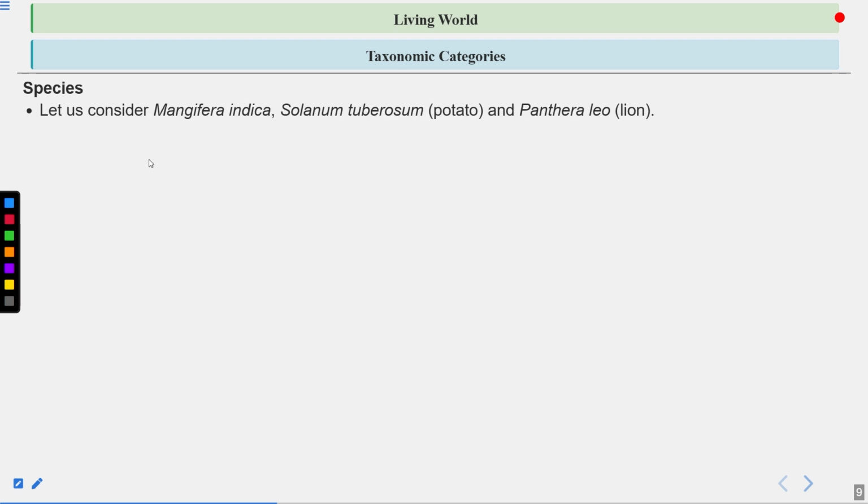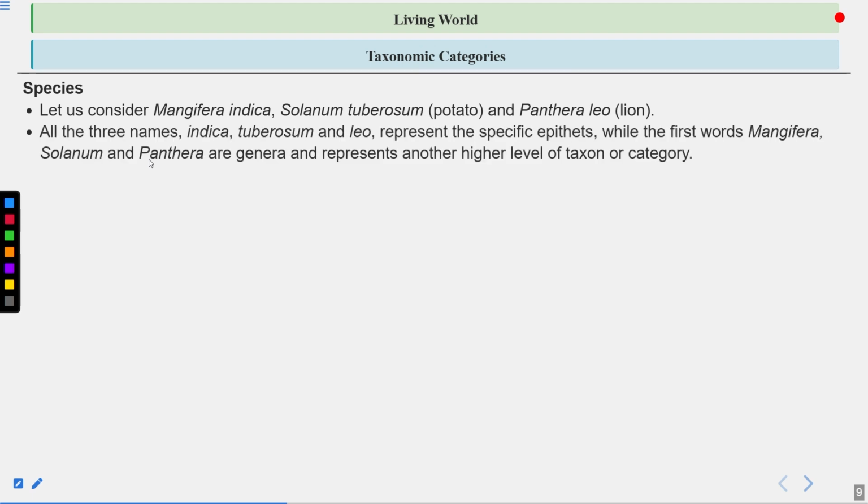Now let us consider Mangifera indica, which is mango, Solanum tuberosum, which is potato, and Panthera leo, which is lion. Let's understand what a species is based on these scientific names. All three names, indica, tuberosum, and leo, represent the specific epithet. It indicates the species.